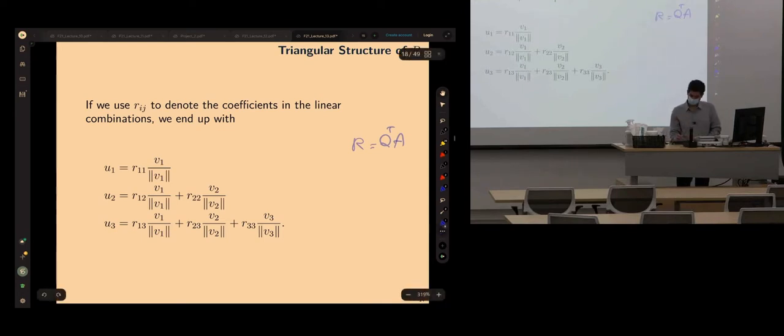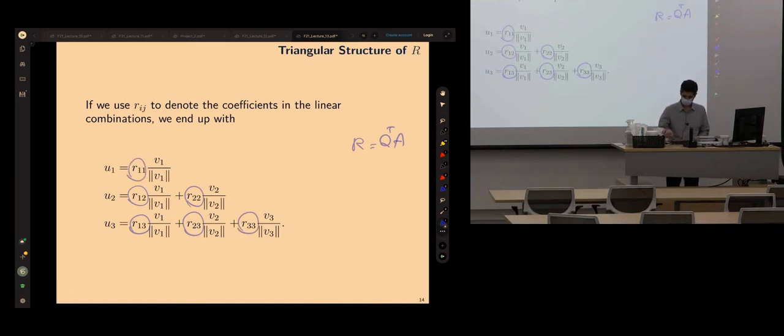But the point is that those dot products and divisions by norm, you can just put them in coefficients. Call them coefficients. Me going back, I think, confused you. Let's finish this part, and then we can talk about it if you find this part confusing.